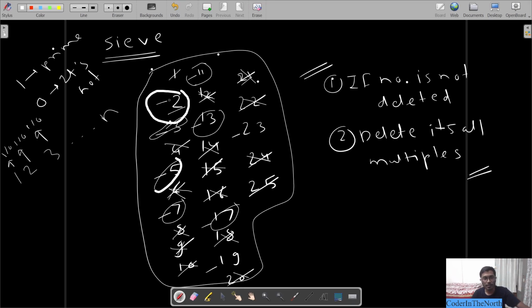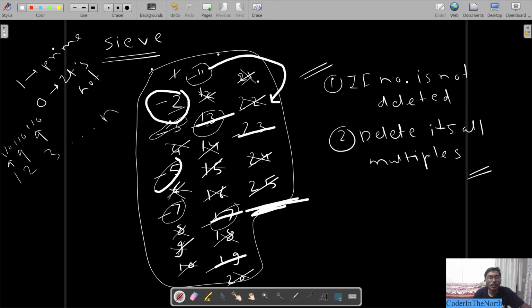So let's move here. Like last time, what happened? When we reached 11, what we saw, the factor of 11, 22, was already deleted, and whatever other multiples were above that 25 range. Same for 13, for 17, for 19, for 23.